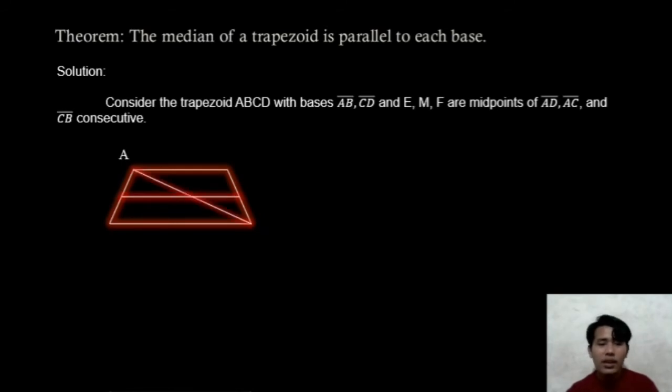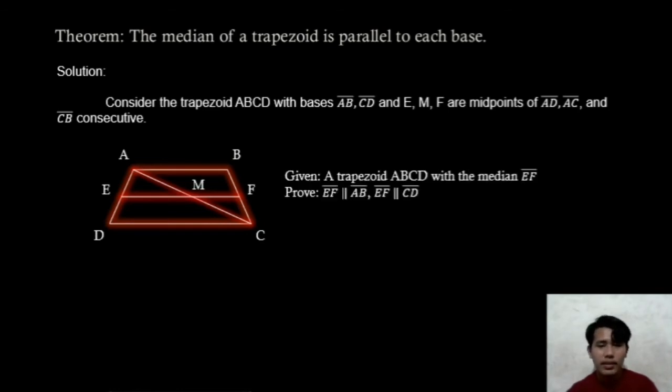You can see on the screen the trapezoid with its points. Given a trapezoid ABCD with the median line segment EF, prove line segment EF parallel with line segment AB, line segment EF parallel with line segment CD.